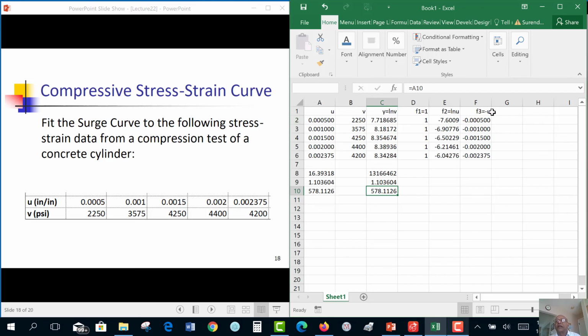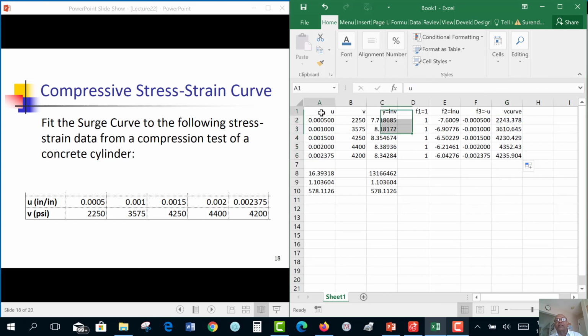Right? So now we can get V of the curve. V curve. So our V curve is going to be K underscore 1 times the power part, U to the power K underscore 2, times the exponential part, minus K underscore 3 times U. Okay, so we just copy this down.